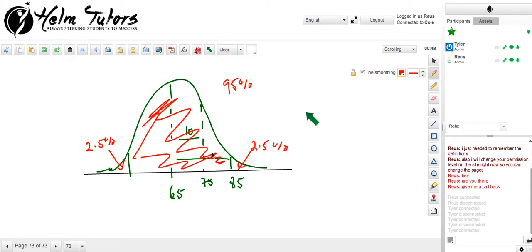Go to the next one. Number 3. The scores on a particular test are normally distributed with a mean of 65 and standard deviation of 10. What proportion of the scores are above 45? Write 45 somewhere on here, like you can write with your mouse.